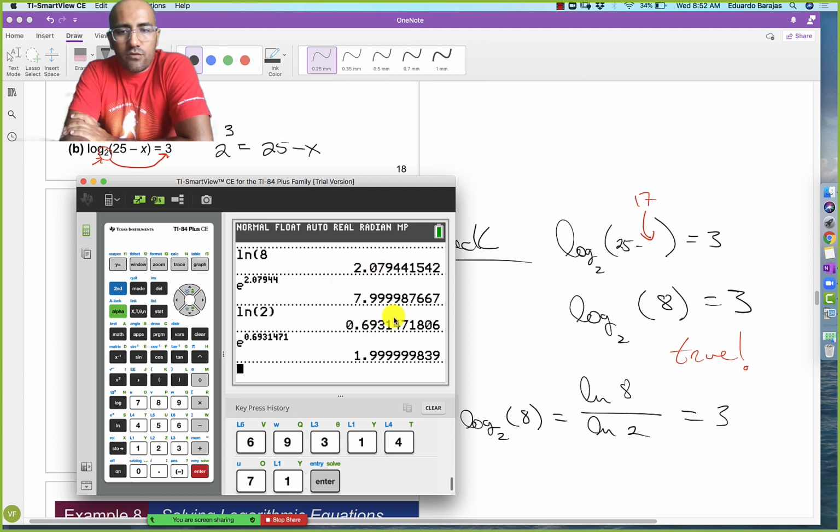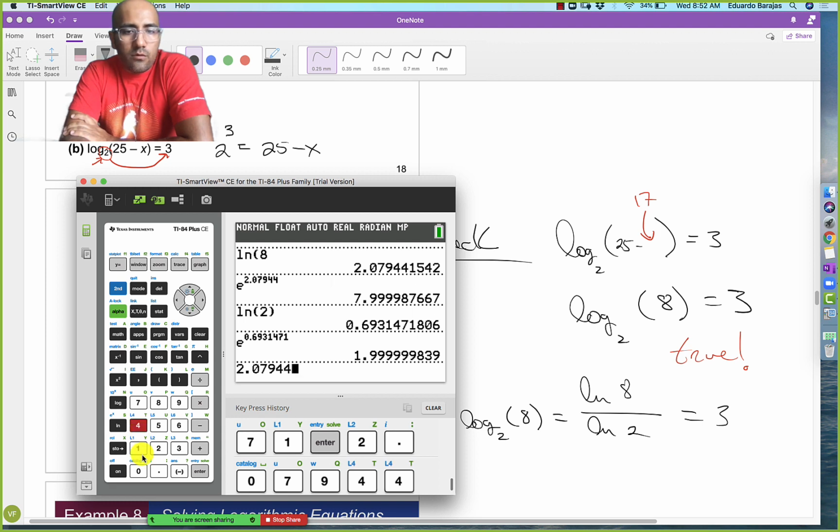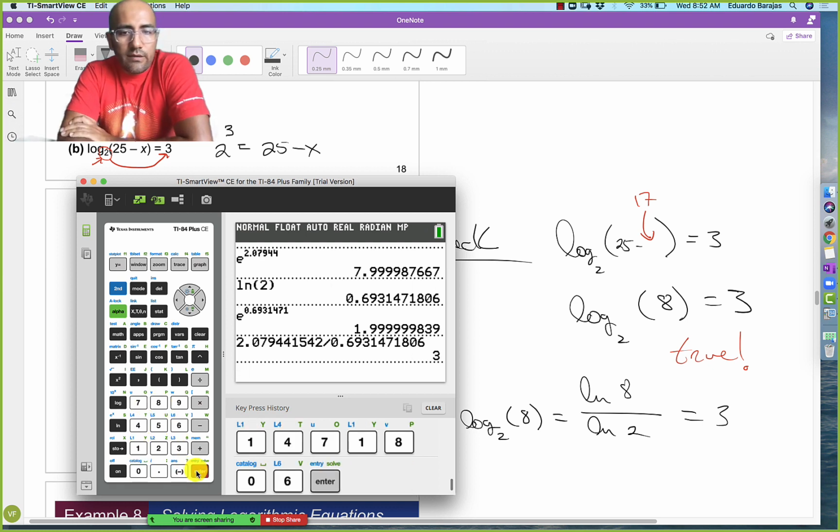The division of those two is going to be pretty close to 3. Right, so 2.079441542 divided by 0.69314718006. Pretty close to 3.